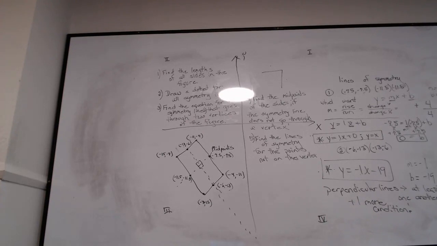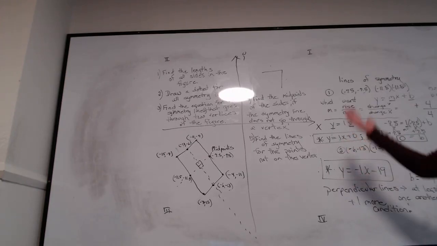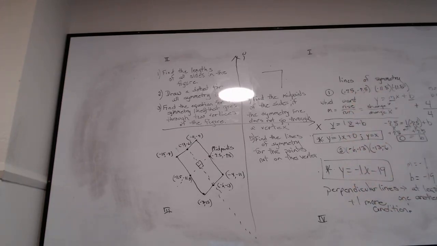Those are really considered algebra, because remember, this is a joint thing. It's geometry and algebra together. So we're going to figure out things about geometry, put them on the coordinate graph, and then learn how we do that in algebra.